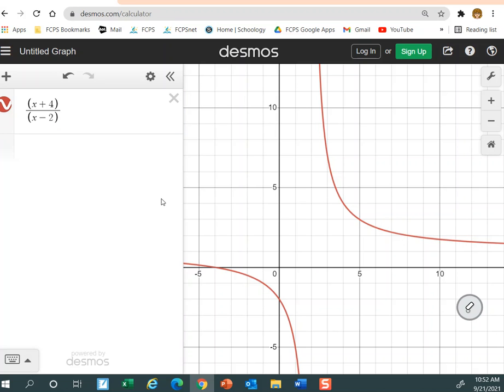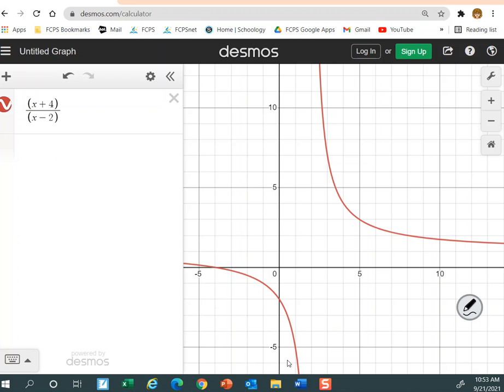So you could graph it, or you could put it in and look at the table and see, oh, look, it's getting bigger and bigger on the right side of 2. It's getting smaller and smaller on the left side of 2.